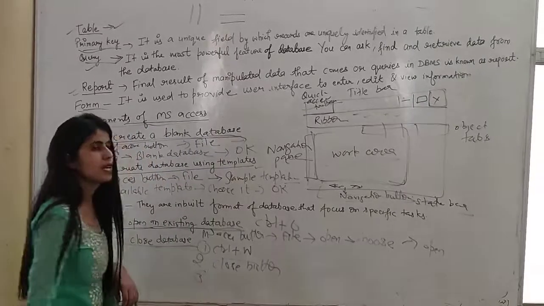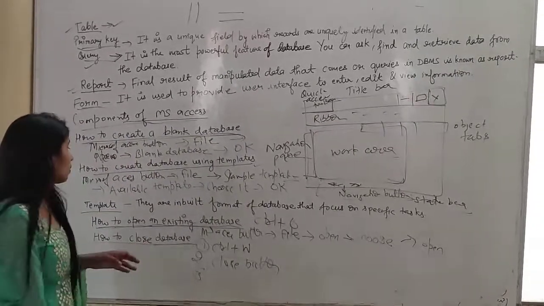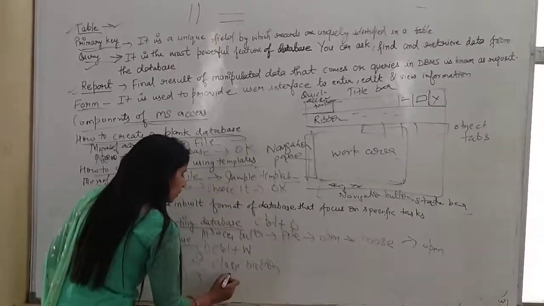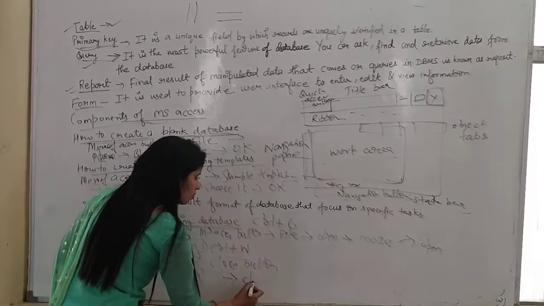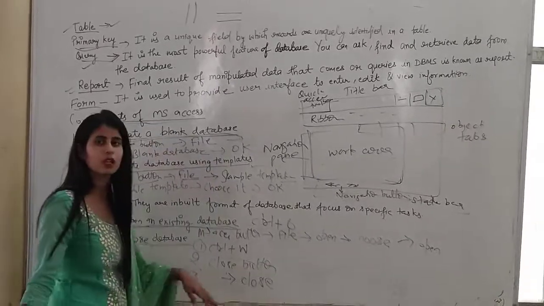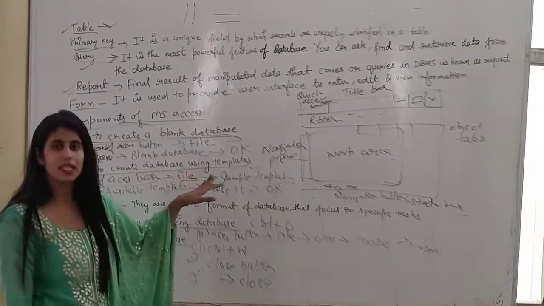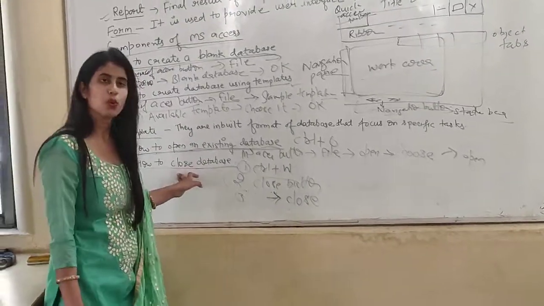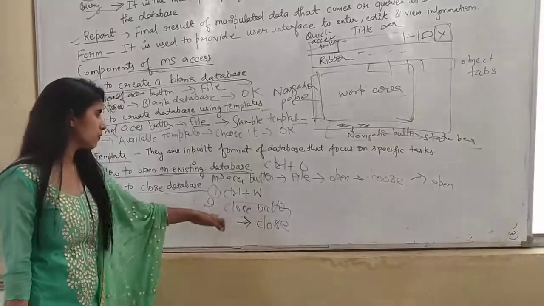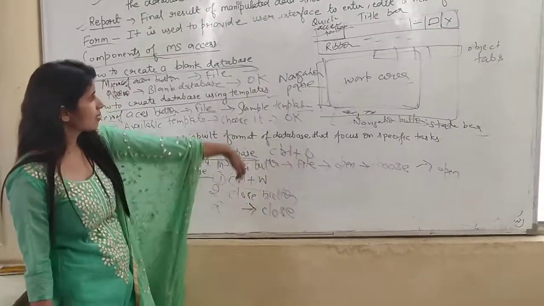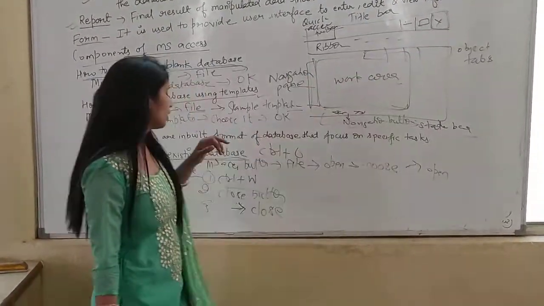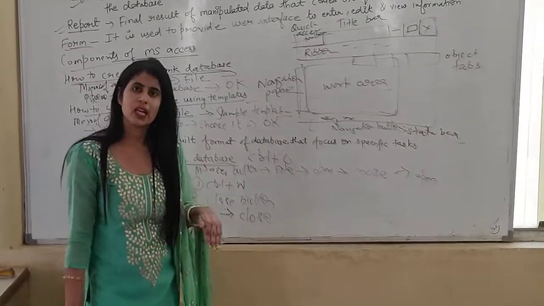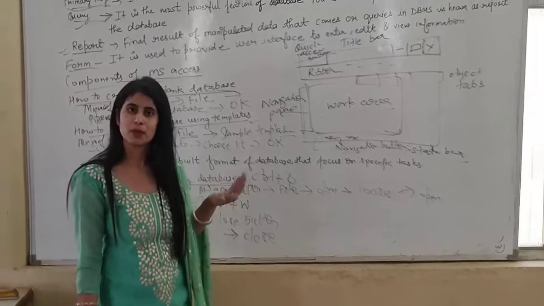Third option is click on the file menu or you can say MS Access button, then after file menu and after this you will find an option downside, close. So when you click on it, the file will get closed. Okay, means to close a database we have 3 ways. First is Ctrl plus W, next is click on this close button and the third one is to follow the procedure that is MS Access button, then file, then close. So in this way you are able to close it.